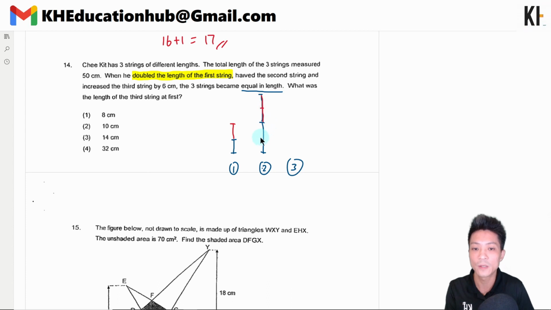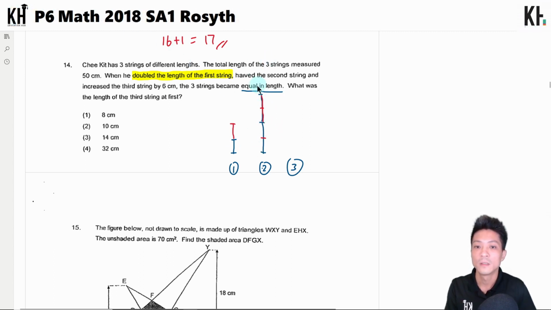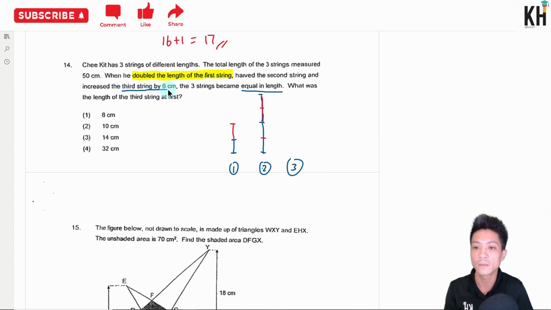We can realize that if I cut it like this, then there will be equal units. Let's go to the third string. Increase the third string by 6 cm, which means I can let this be the original length of the third string.